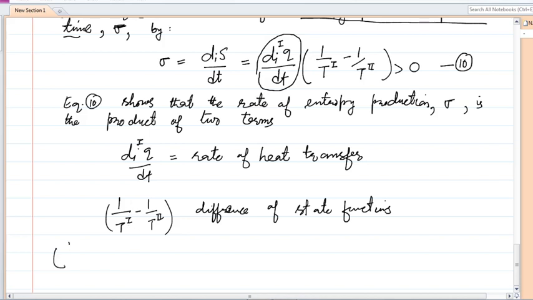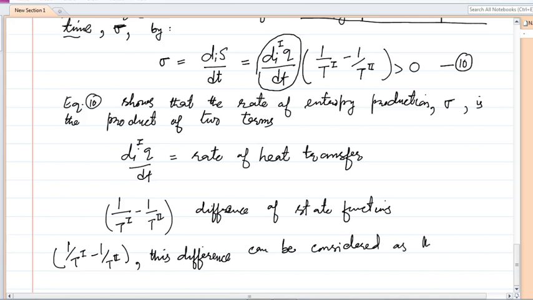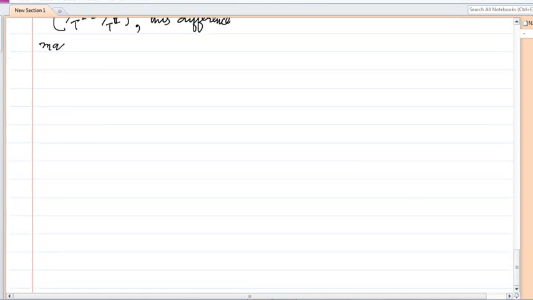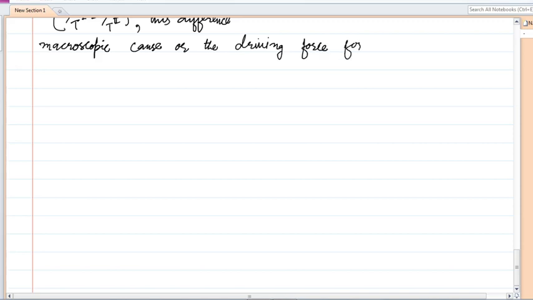This difference can be considered as the macroscopic cause, or the driving force, for the heat transfer.